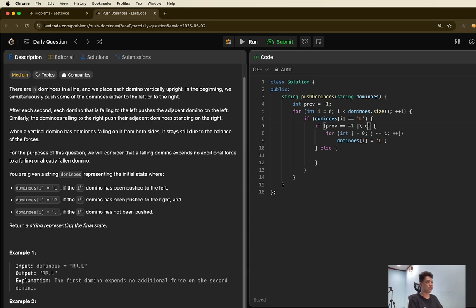Or Dominoes have E equal to L, the same as the case of the beginning. Fill from L plus 1 to E equal to L. Else, L if.